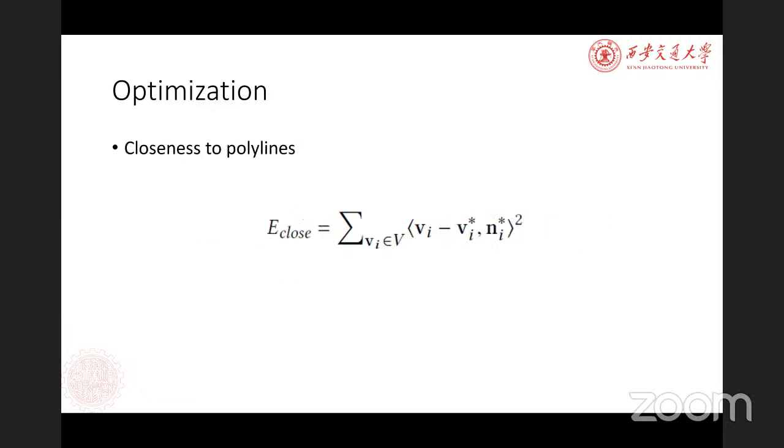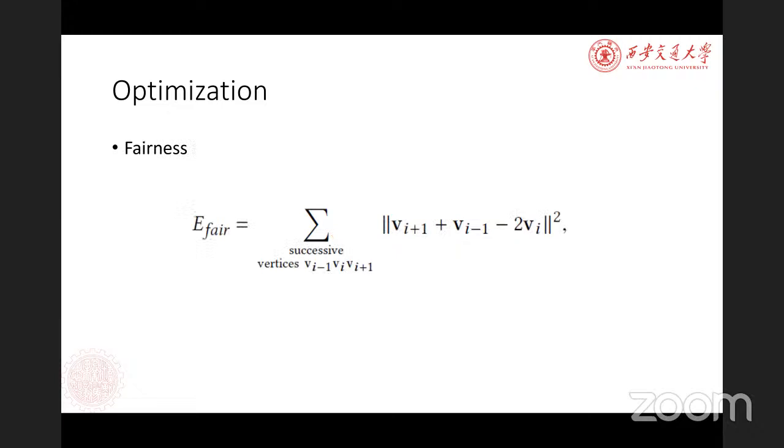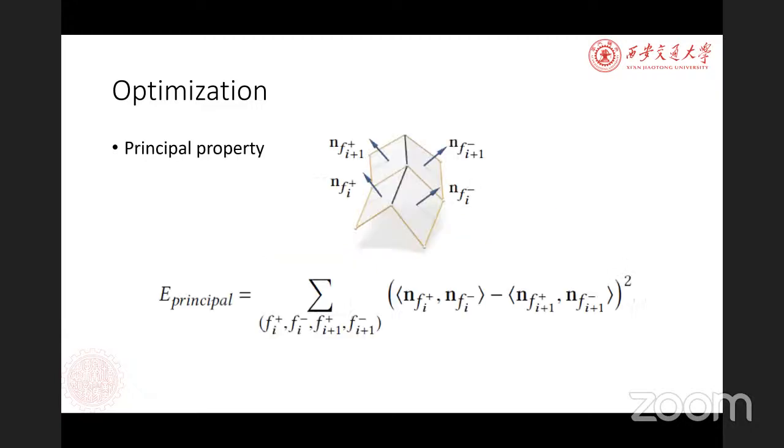We also require the vertices to be close to the initial creases, and we also add a fairness term for the vertices around the curve creases. For principal pleated structure, we add an additional term to ensure that the folding angles around each crease are constant.